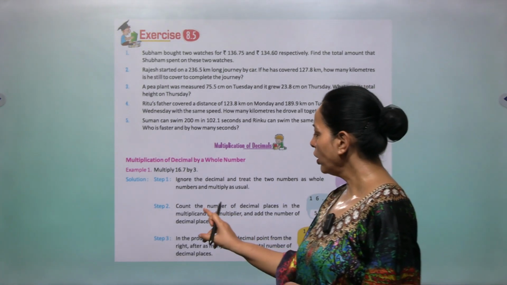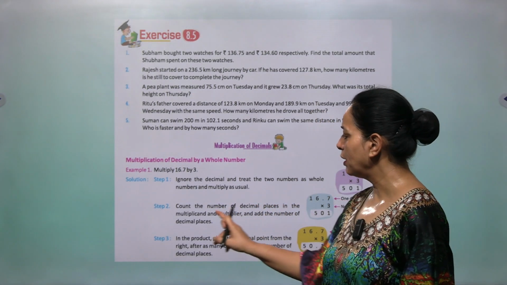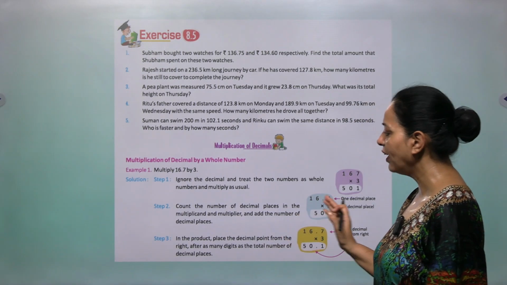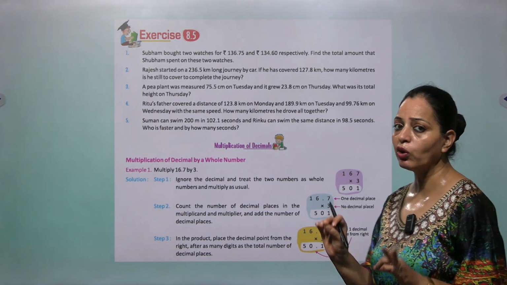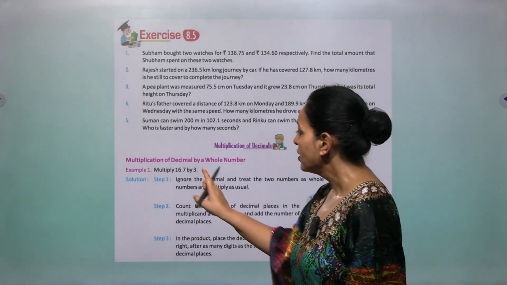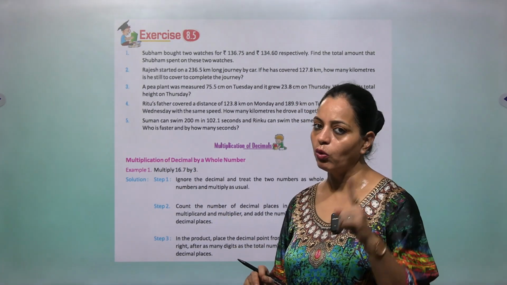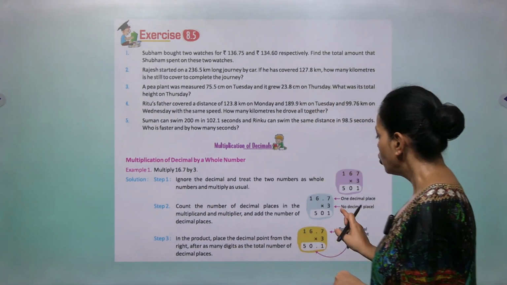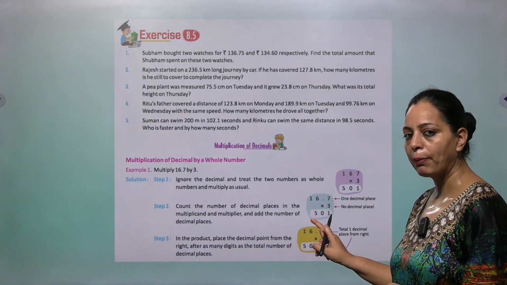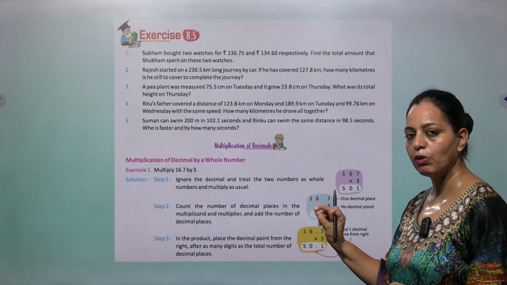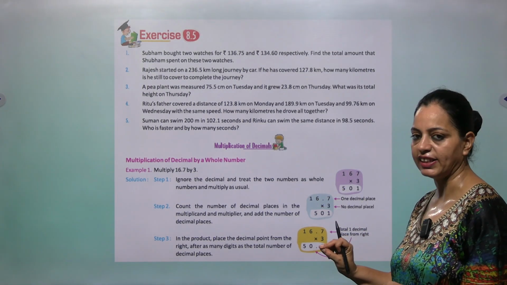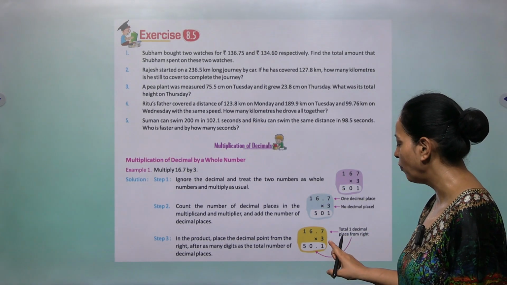Now count the number of decimal places in the multiplicand and multiplier and add the number of decimal places. अब देखो कितने decimal places हैं. सिर्फ इसमें है 16.7, only one. So जो भी आंसर आया आपके पास उसमें आप क्या करेंगे, you will put the decimal point before one digit, so 50.1.